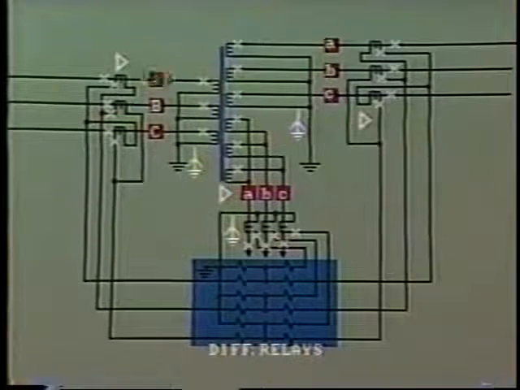Line current IA passes through the A phase transformer primary and into the neutral. This gives us current IA this way in the CT secondary. Similarly, IB and IC pass through their respective transformer primaries and into the neutral, giving IB and IC in the CT secondaries.